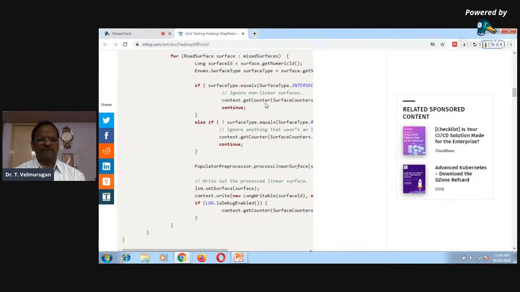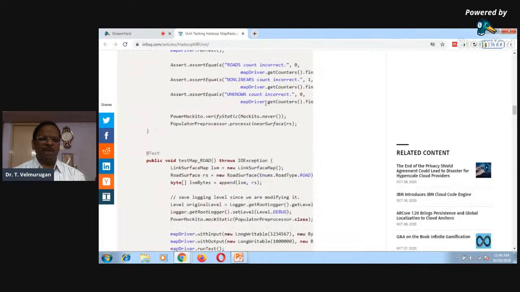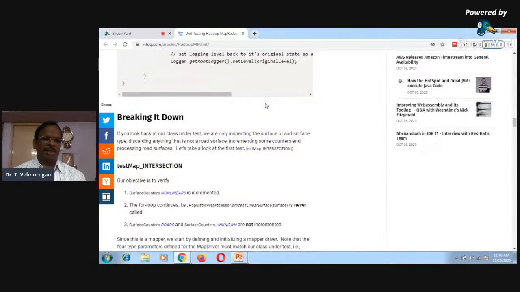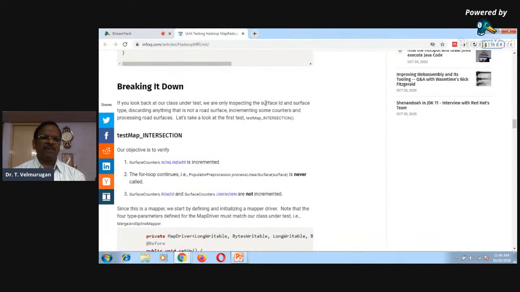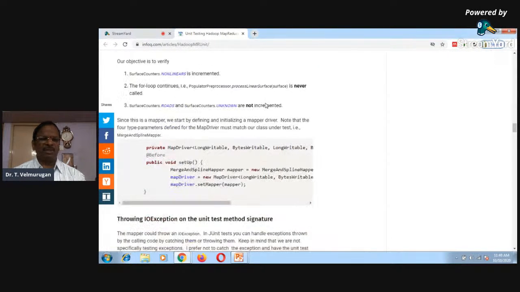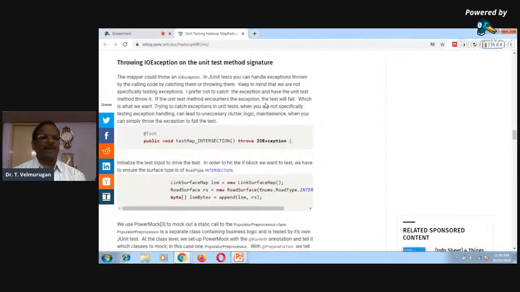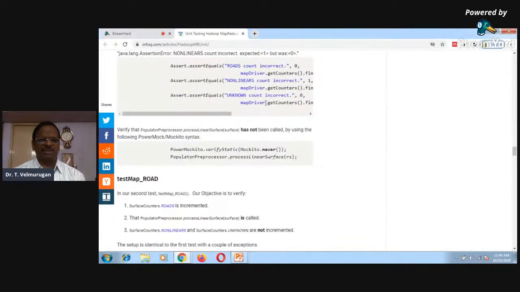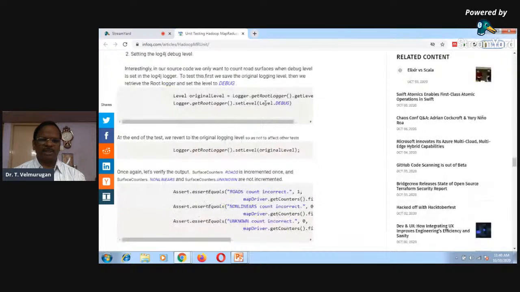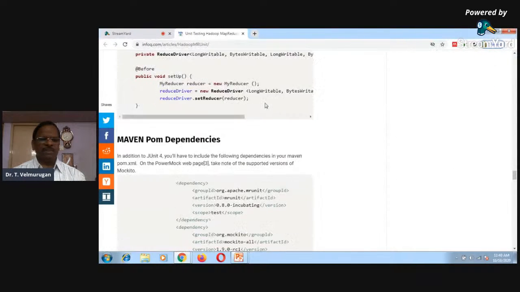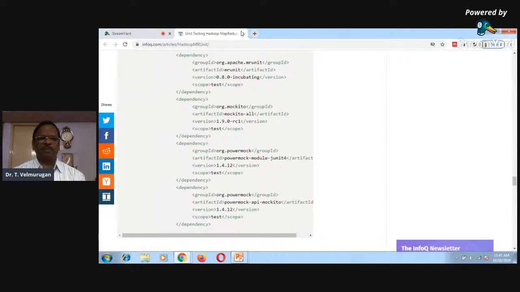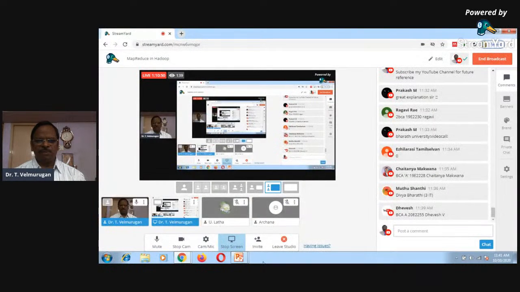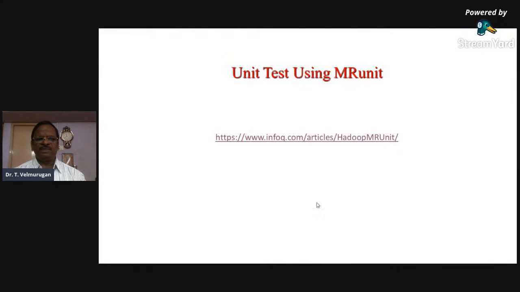The source code is given by utilizing MRUnit, for a company-based information extraction, how we can break down the information, what the technologies are, and how we can write the source code, everything is discussed in a very simple manner. You can visit this website for a real-life example of unit testing using MRUnit.